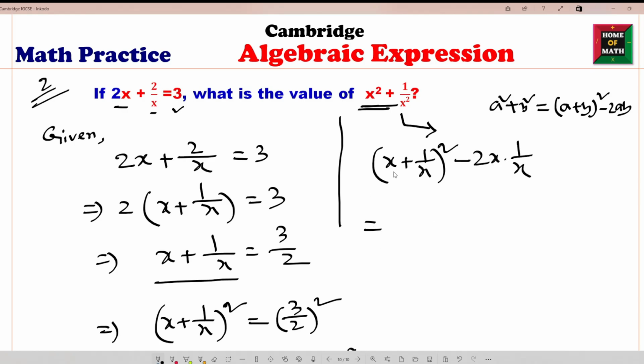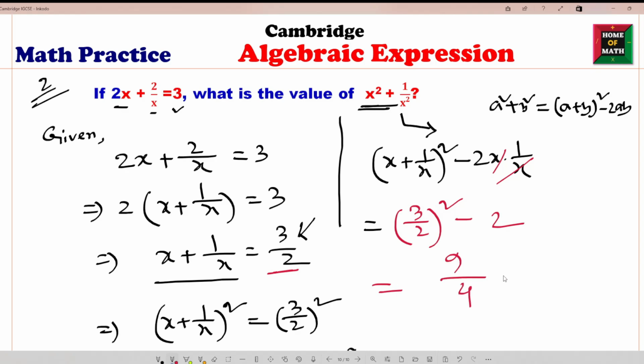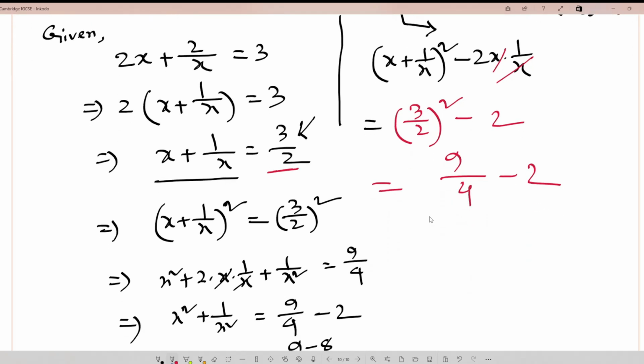The value of x plus 1 by x is 3 by 2. So we write 3 by 2 square minus 2, which is 9 by 4 minus 2. Similarly, 9 minus 8 by 4, so the answer is 1 by 4.